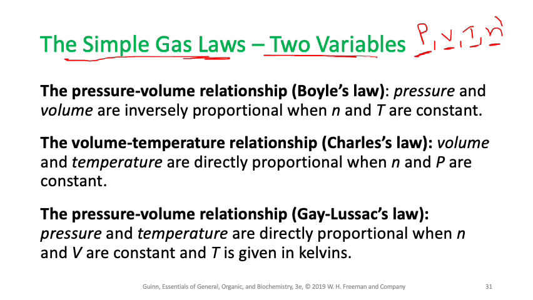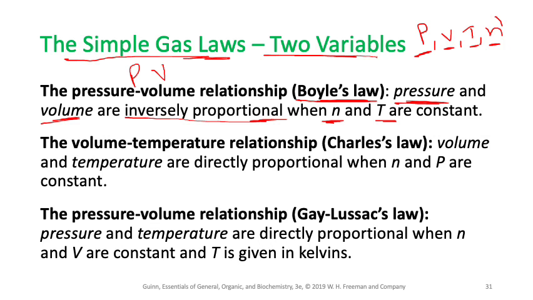So the first law that we're going to talk about is Boyle's law, and it tells you about the relationship between pressure and volume. If we talk about pressure and volume, then the temperature and the number of moles have to remain constant. These 2 things don't have to be changed, right? So Boyle's law says pressure and volume are inversely proportional as long as you don't change the number of moles and the temperature of that gas.